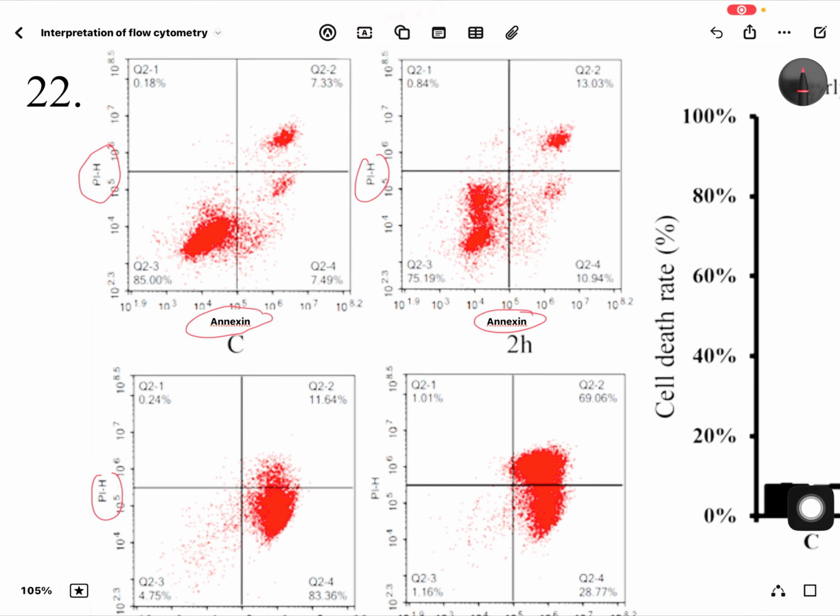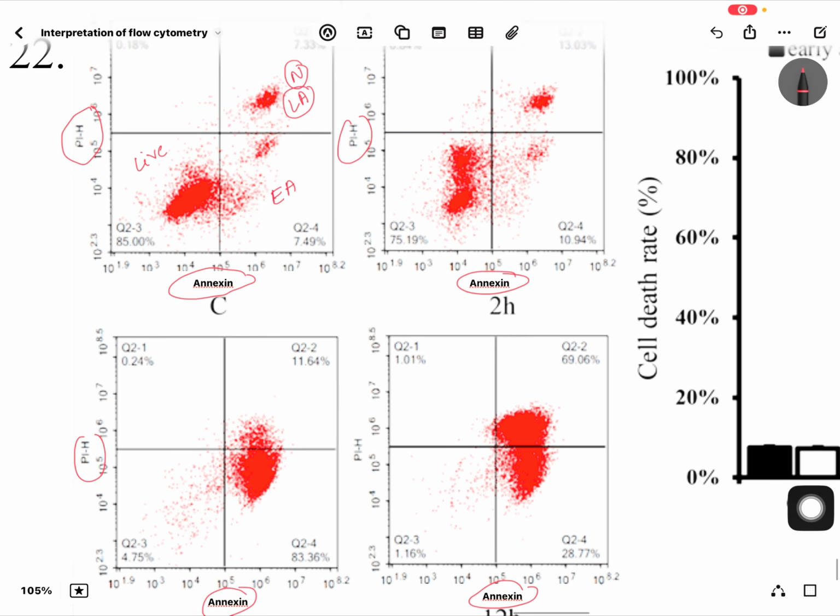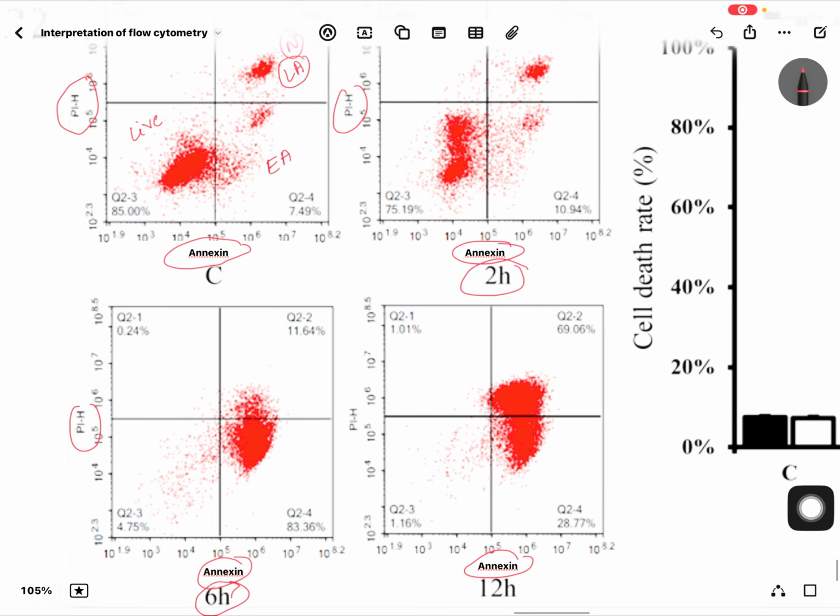Can you see here? These are live cells. These are early apoptotic cells. These are necrotic cells or late apoptotic cells. This is the control. At 2 hours the number is gradually increasing, then 6 hours, and then 12 hours.